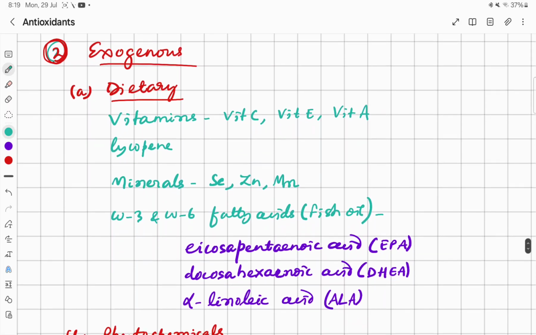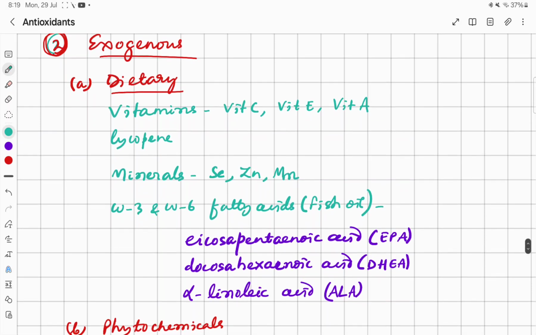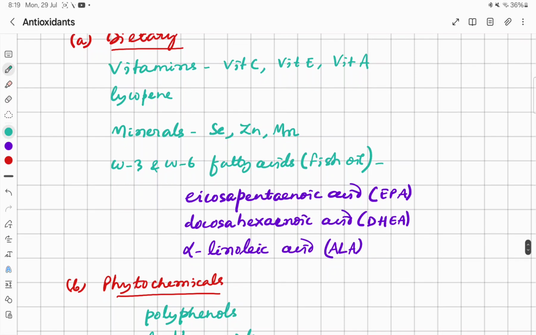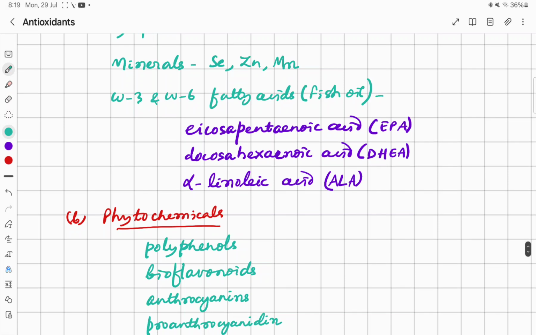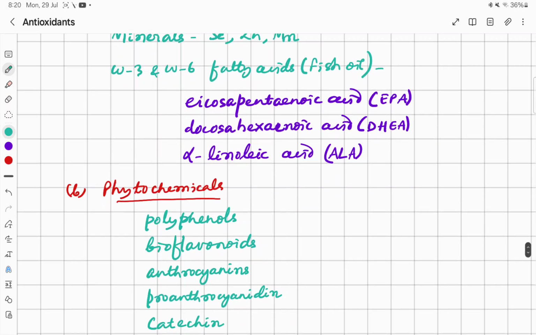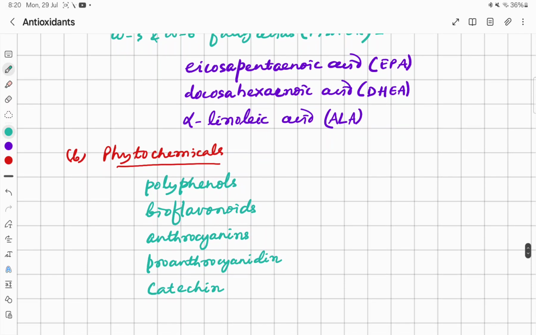Among the exogenous, we can have dietary vitamins like vitamin C, vitamin E, vitamin A, lycopene, minerals or trace elements like selenium, zinc, manganese, omega-3 and omega-6 fatty acids obtained from fish oil like eicosapentaenoic acid, docosahexaenoic acid, alpha-linolenic acid. Phytochemicals which act as antioxidants include polyphenols, bioflavonoids, anthocyanins, proanthocyanidin, catechin.